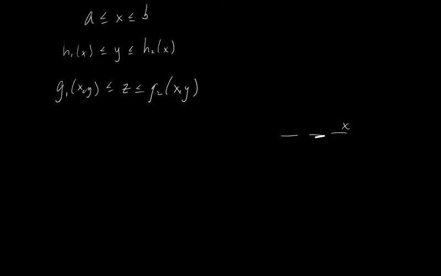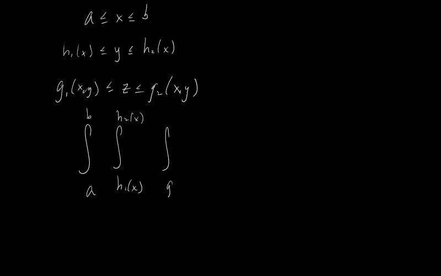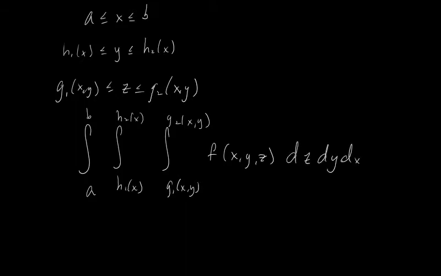I've run out of space, so let me move these down. We have our integral from a to b of the integral from h1 of x to h2 of x of the integral from g1 of x, y to g2 of x, y of our function f of x, y, z, dz, dy, dx.